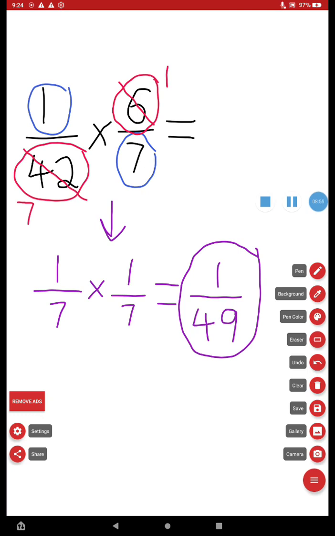But if you really struggle with your math facts and you had a hard time seeing that 42 divided by 6 gets you 7, then you might have to do the first method where you just multiply straight across, working everything out, and then simplifying when you're done. Either way, I still got the same answer of 1 over 49. All right, put that into practice today on toucan fraction number 5.